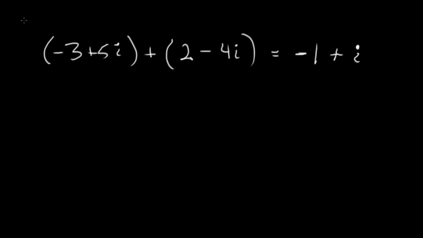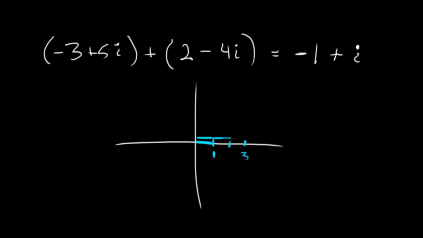So what does this look like in the complex plane? Well, let me get a complex plane going. So real quick, if I take numbers like 1 and, I don't know, 3, right? What is 1 plus 3? Well, 1 plus 3 is you take this segment, and then you take this segment, right?